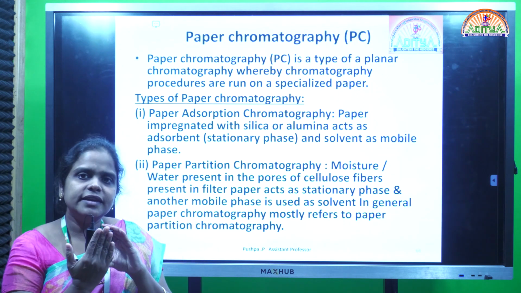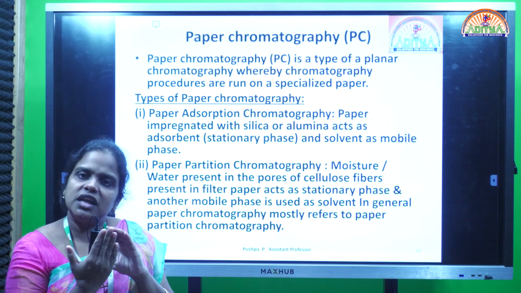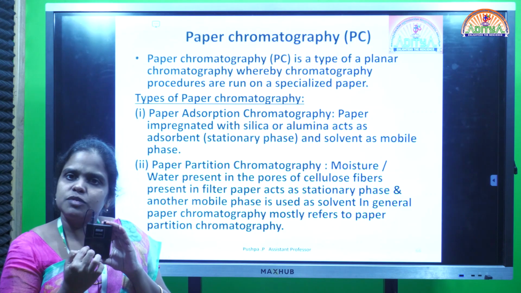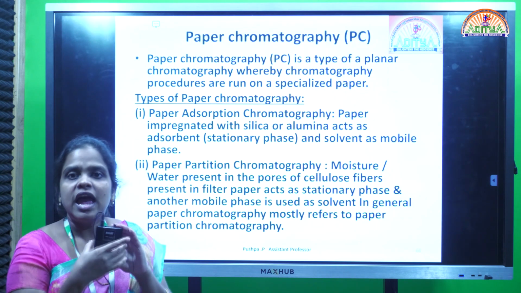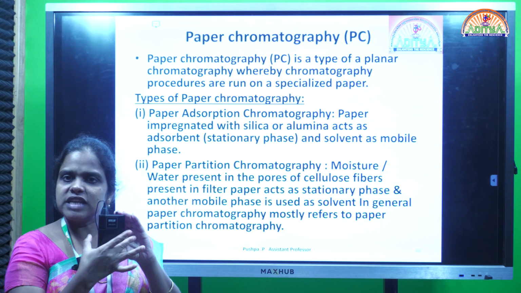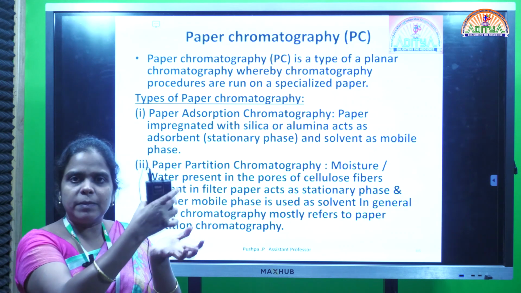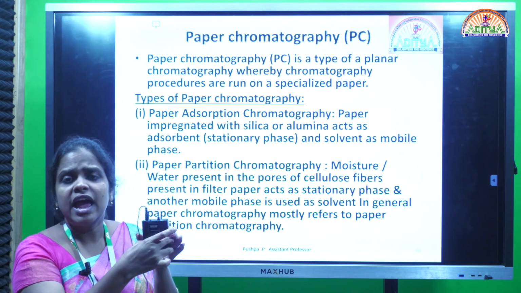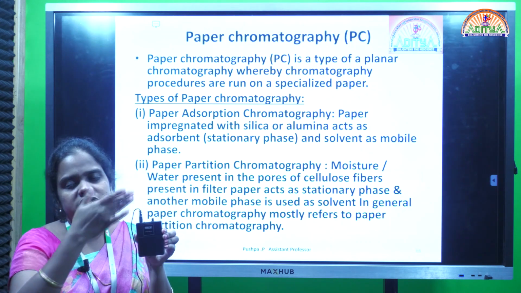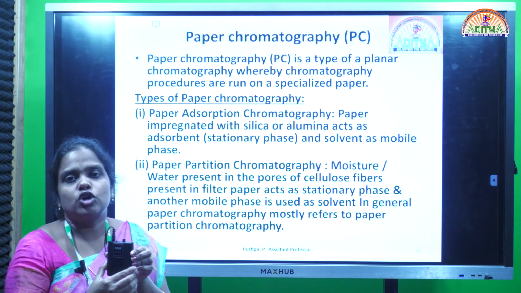After drying the paper which is impregnated with silica or alumina, we spot whatever samples we want to separate by means of paper chromatography. Then after spotting the sample, we keep that paper in the development tank containing the mobile phase, and the separation or elution of the sample takes place based on adsorption.